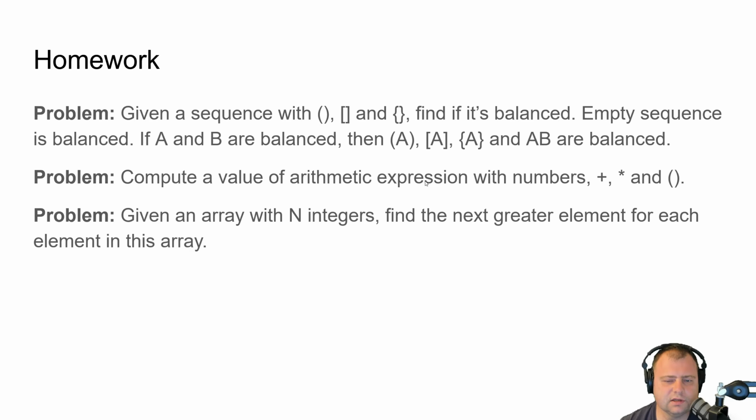If it's plus, then we don't know. We for example can have 1 plus 2 times 2. So when we encounter the first 2 we just don't know, so we don't evaluate it, we just add it to the stack. If we encounter an open bracket, we just add it to the stack.